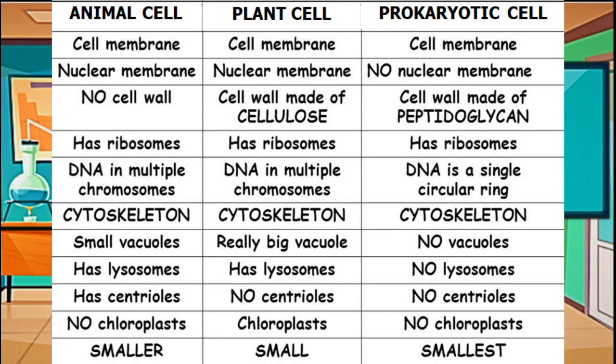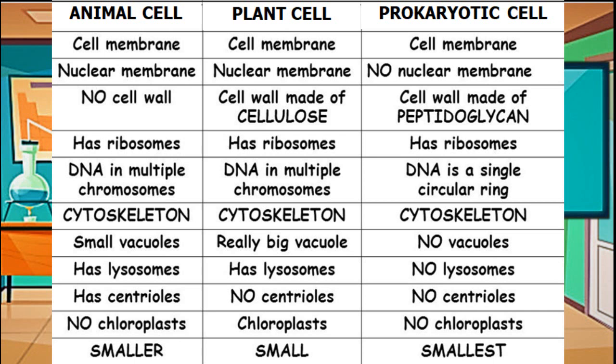Now, in relation to Miss K's discussion, I created a summary table of the differences of the three cells, which are the animal cells, the plant cells, and the prokaryotic cells. As you can see in this table, the first column is the animal cells, followed by the plant cells, and in the last column, we have the prokaryotic cells.